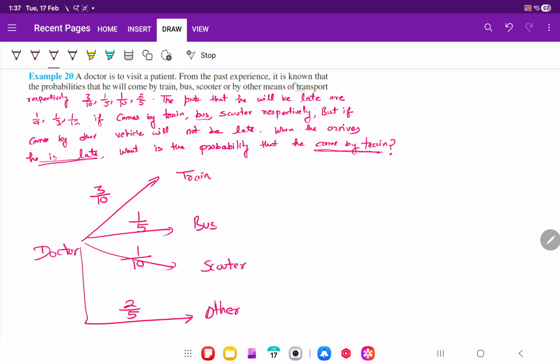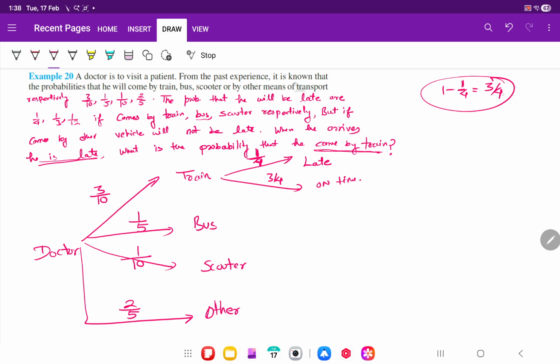Perfect. If he comes by train, he may be late or maybe on time. So for late by train the probability is 1 by 4. Not late will be 3 by 4, because 1 minus 1 by 4 is 3 by 4.